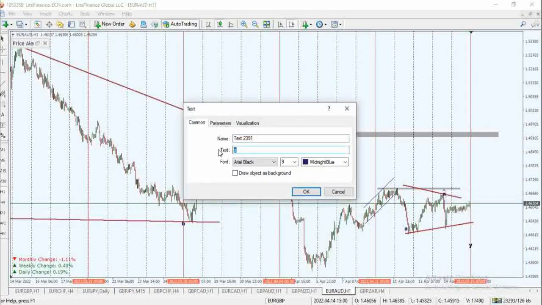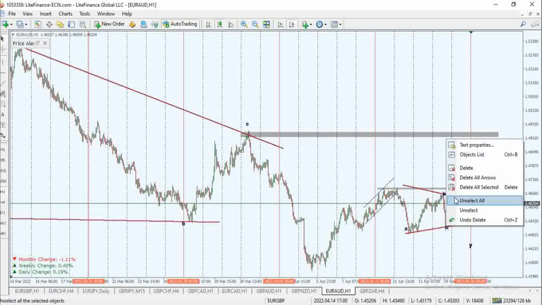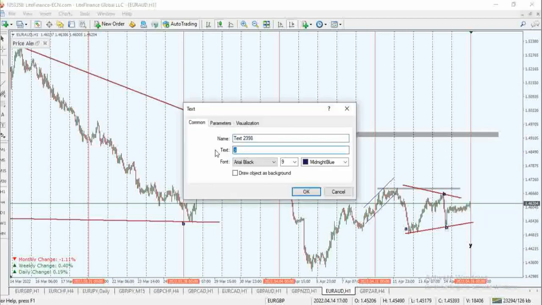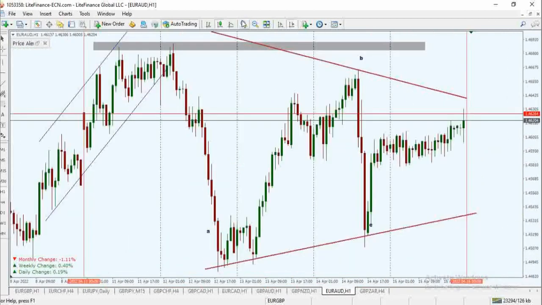AB, maybe a C right there. For you guys that are looking at a possible ABCDE structure, it's all a possibility, but I oftentimes see that price sometimes hits the C wave and then retraces to form the D to E leg.